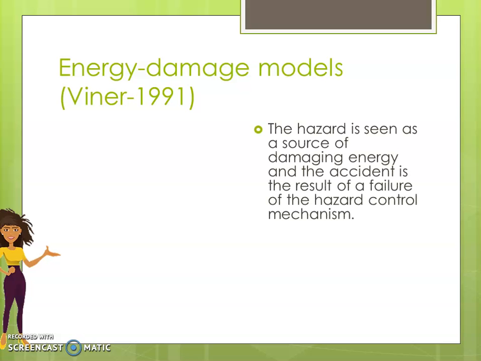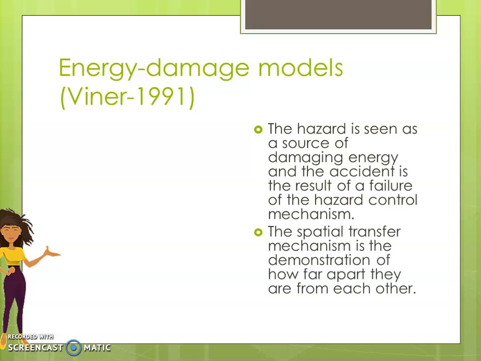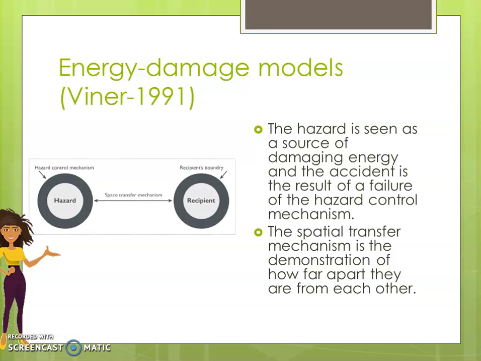The time sequence model was created by Benner in 1975, where he identified four factors that were missing from the initial domino sequence model. One, the need to define the beginning and the end of the accident. Two, the need to represent events that occurred on a sequential line.